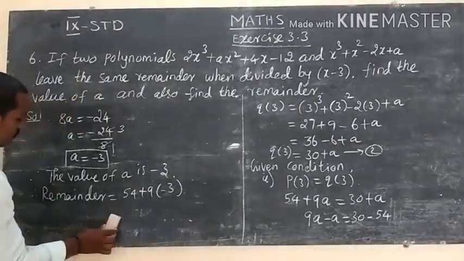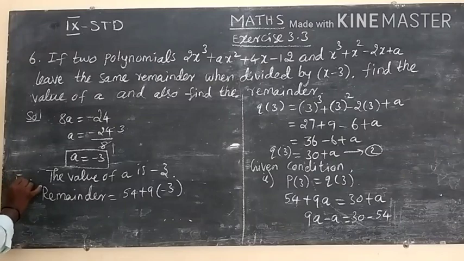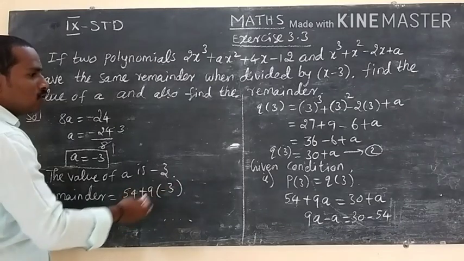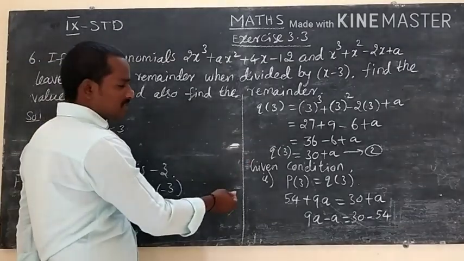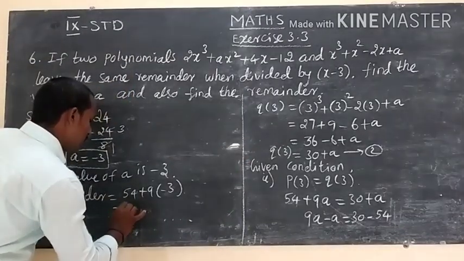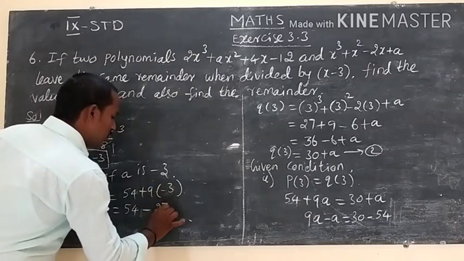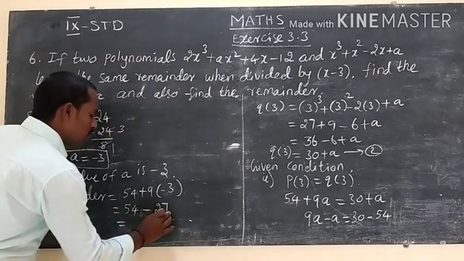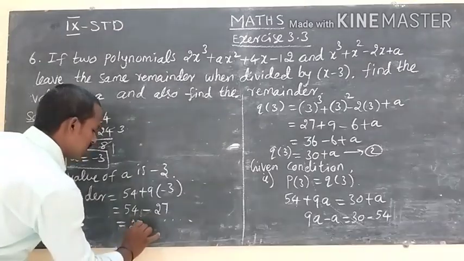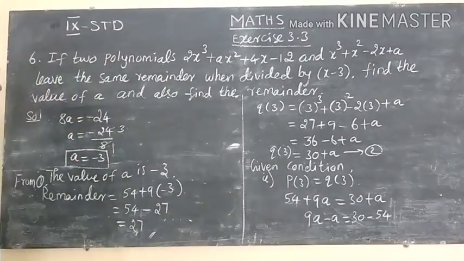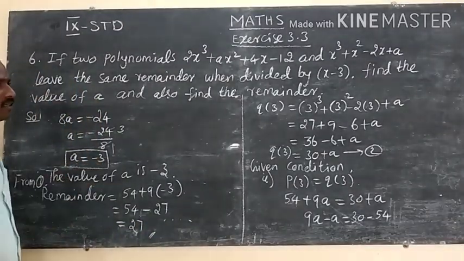You can choose from 2 also, the result is the same. So 54 plus 9 into minus 3, 9 3s are 27, equal to 54 minus 27 is 27. The remainder is 27 and the value of a is minus 3.